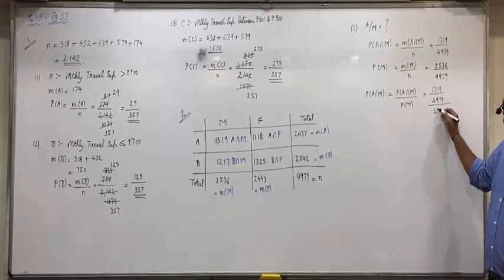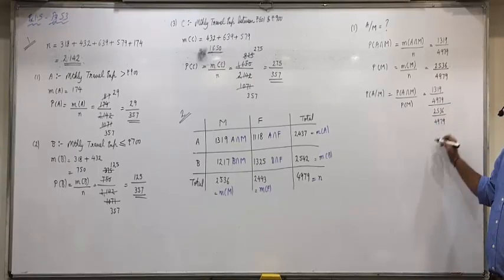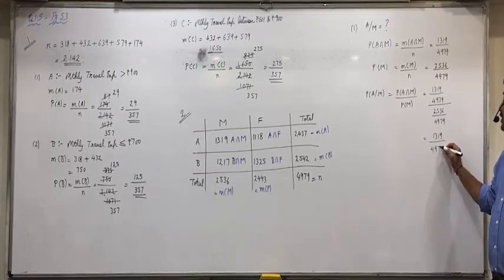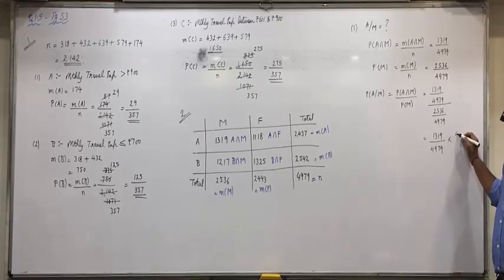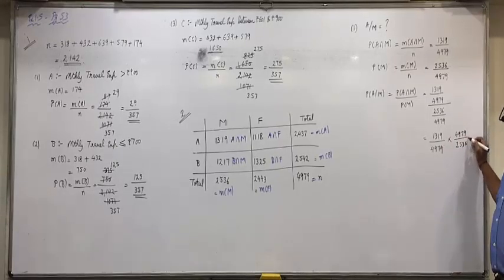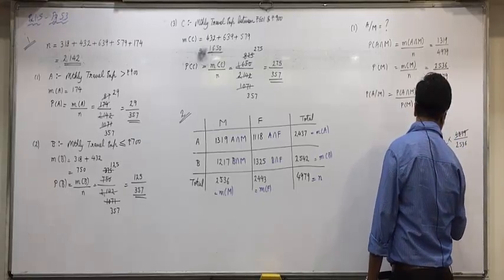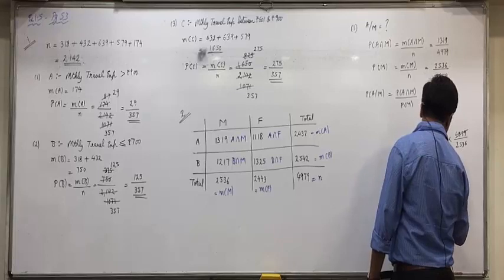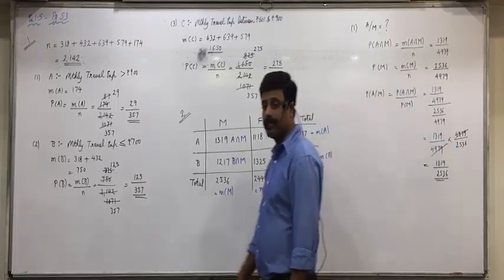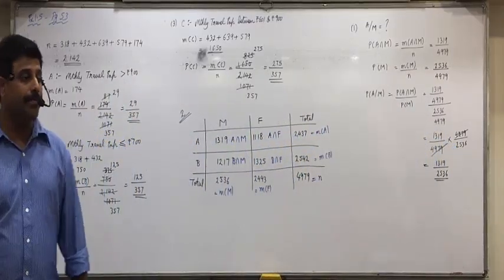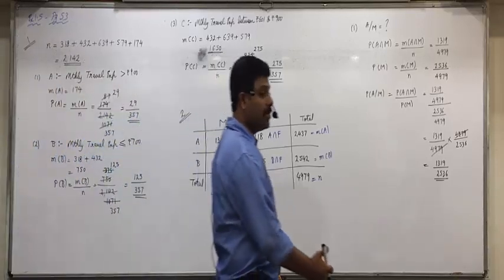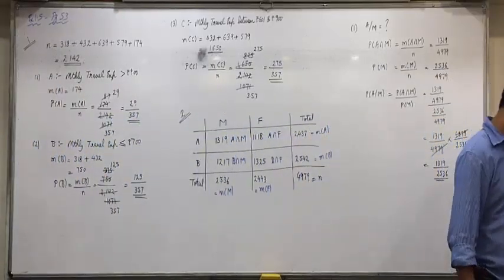Upon, what is P of M? 2536 upon 4979. So 1319 upon 4979 multiplied by reciprocal, 4979 upon 2536. 4979 gets cancelled and the remaining cannot be simplified. So 1319 upon 2536. This is the probability that the voter is supporter of party A, given that he is a male.